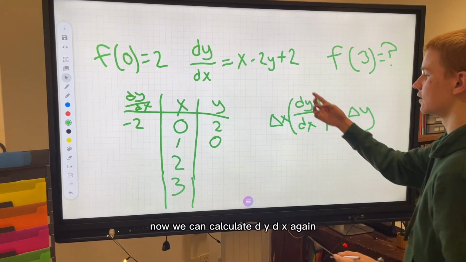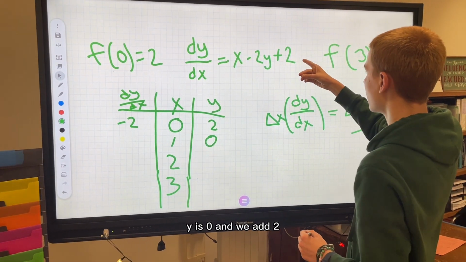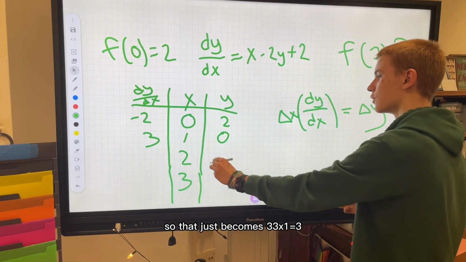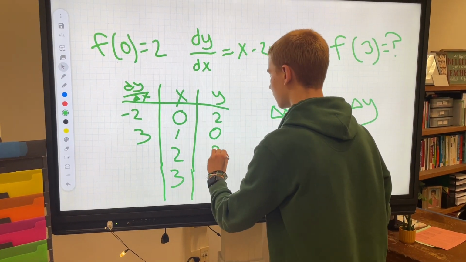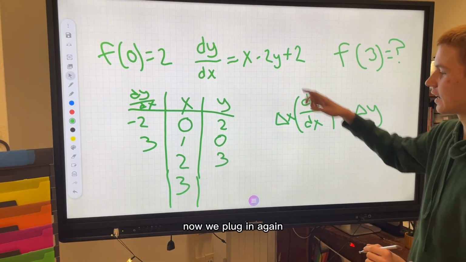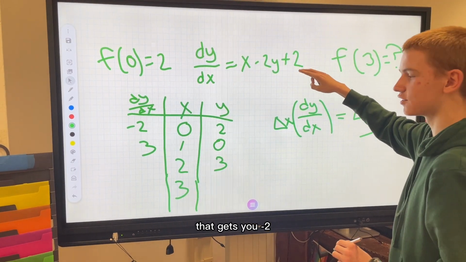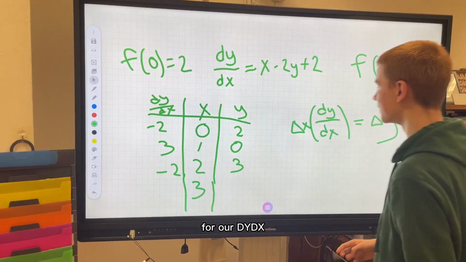Now we can calculate dy/dx again. This time x is 1, y is 0, and we add 2. So that just becomes 3. 3 times 1 is 3, so we add 3 to y. Now we plug in again, we get 2 minus 6 plus 2. That gets you -2 for our dy/dx.